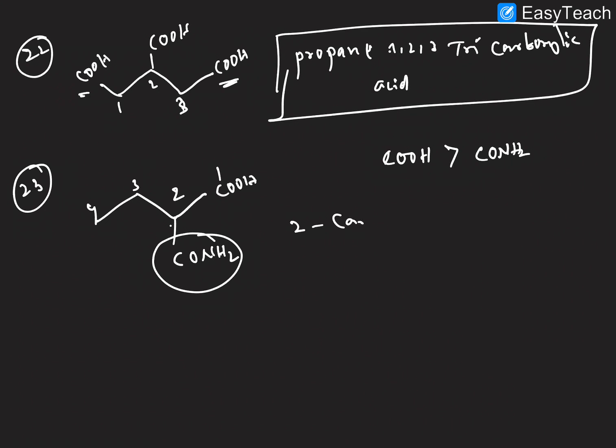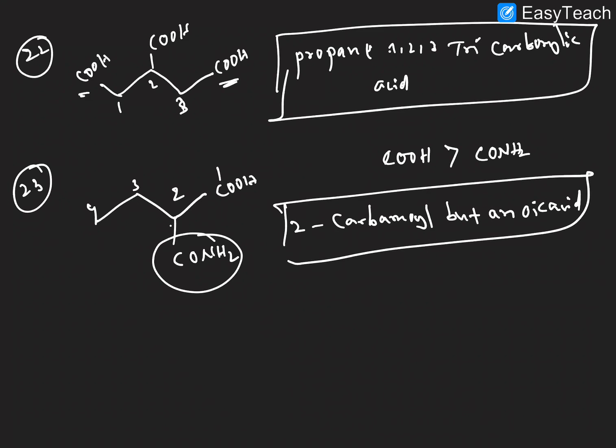The substituent is present at the second place, 2-carbamoyl. How many carbons are there? 4 carbons, that is but. All carbons are single bonds, butane. The e is replaced by oic acid. Right?